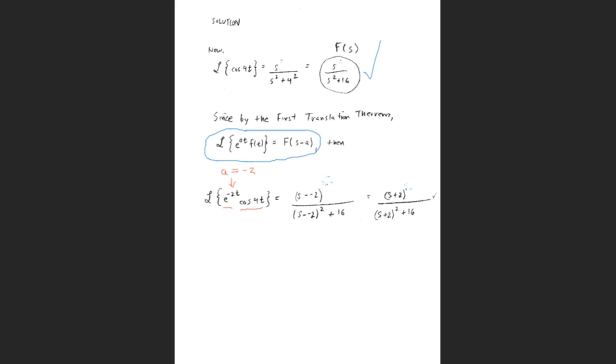And so wherever there was an s in the Laplace transform, I replaced the s with an s minus the a, which is s minus the negative 2. See that? And so that's going to give us as the Laplace transform s plus 2 over s plus 2 squared plus 16.